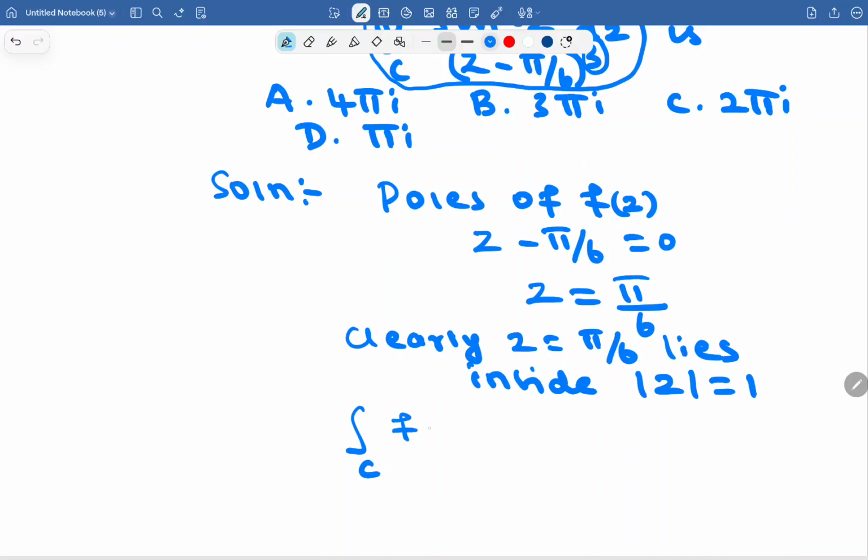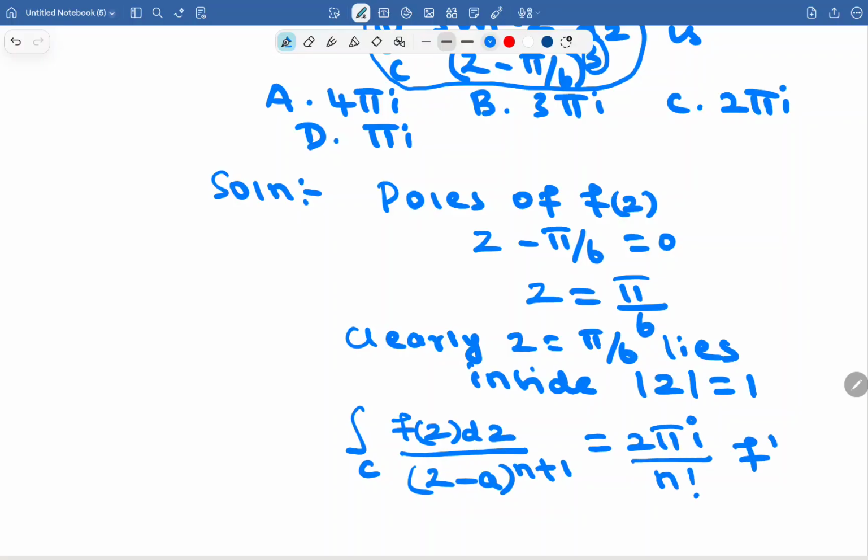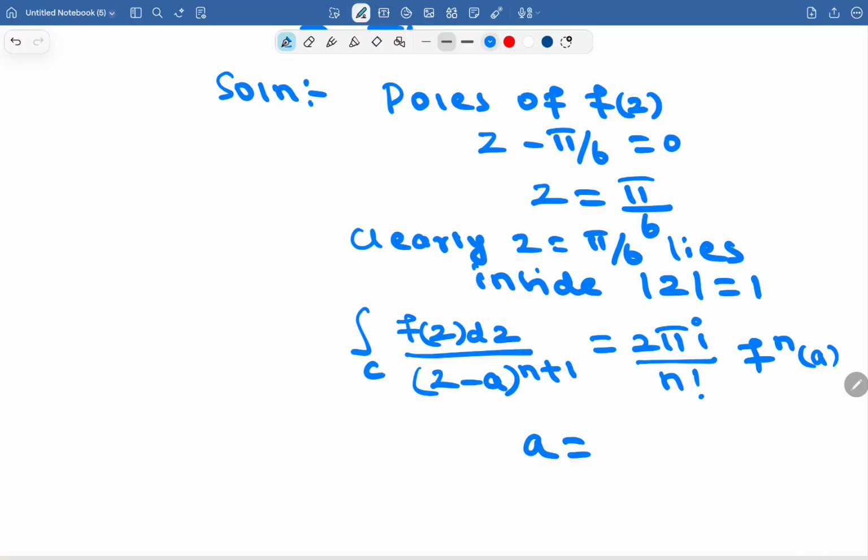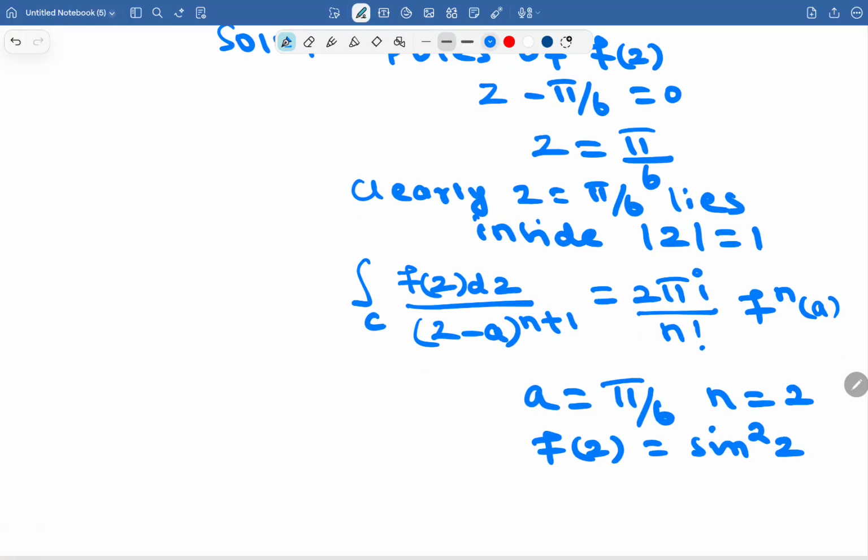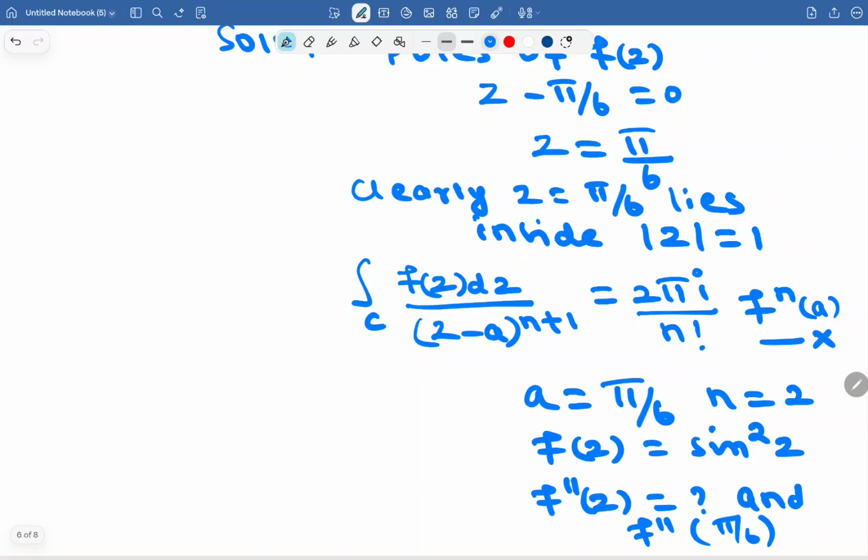Integral over C f of Z dz by Z minus A power n plus 1 is equivalent to 2 pi I by n factorial f power n of A. Here A is pi by 6, n is 2, f of Z is sin square Z. I have to find out f double dash of Z and f double dash of pi by 6. This is equation star.